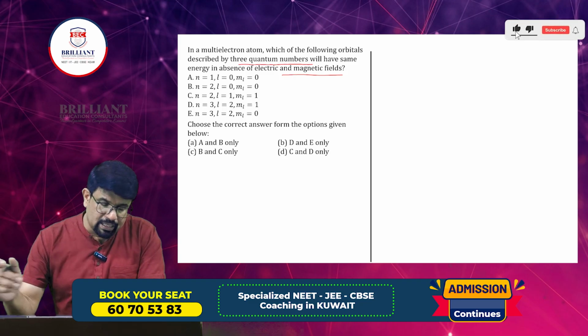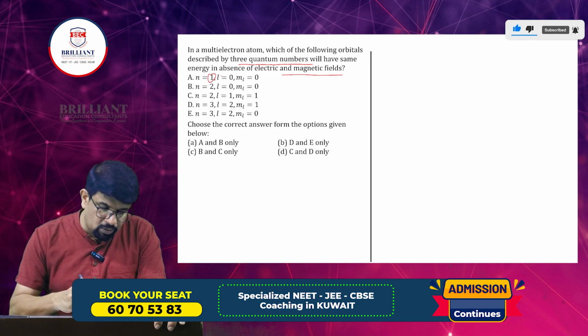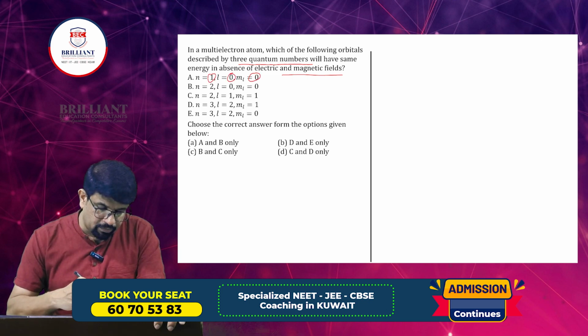In A, n is equal to 1, L is equal to 0 and M is equal to 0. In the second case, n is equal to 2, L is equal to 0, M is equal to 0. And in the third case, n is equal to 2, L is equal to 1 and M is equal to 1.